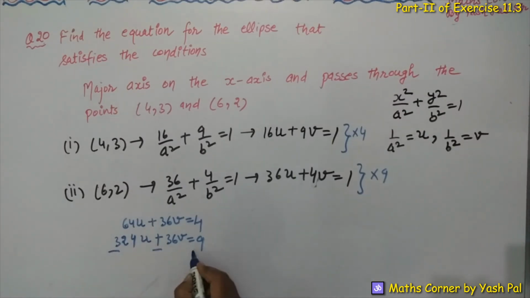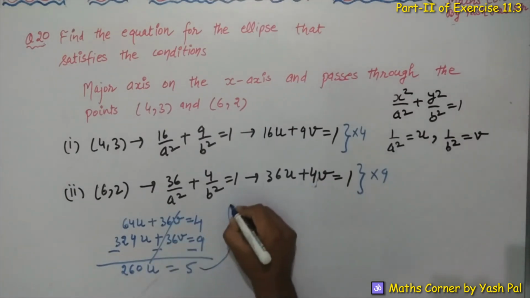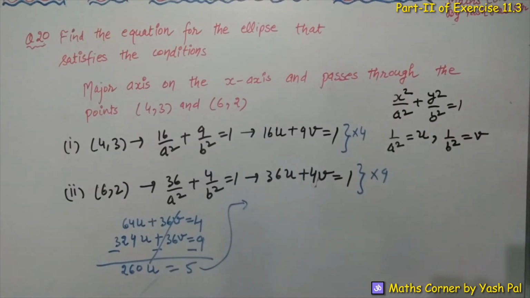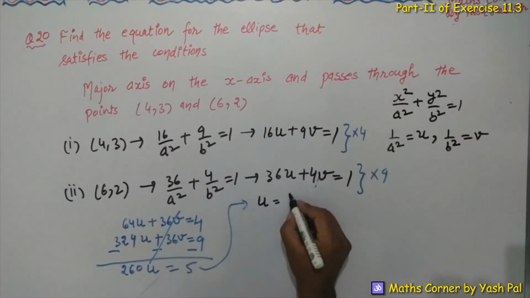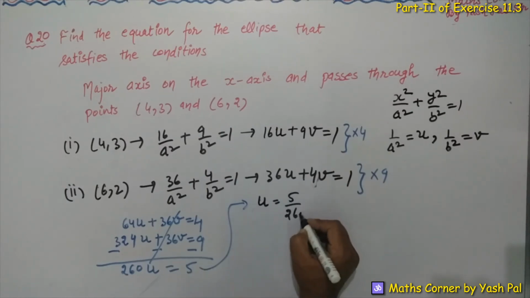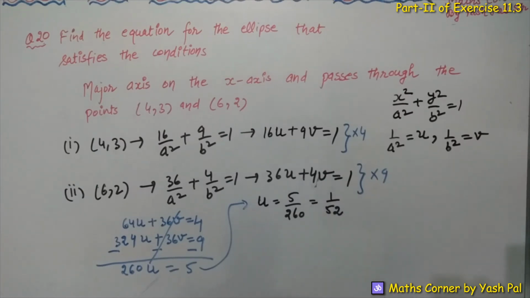Subtracting these two equations we have 4 minus 4 is 0, 6 minus 3 becomes 2, 260u, this is cancelled, equal to 5. So from here we have u is equal to 5 upon 260, that is 1 upon 52.